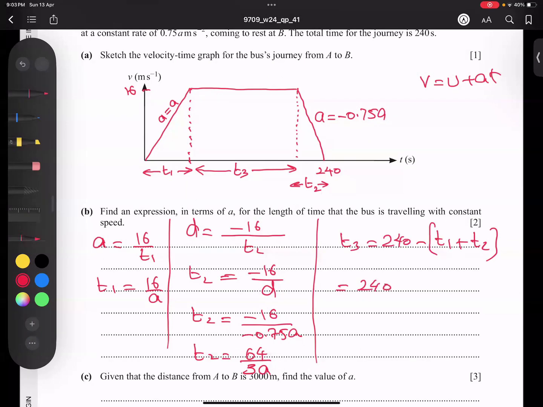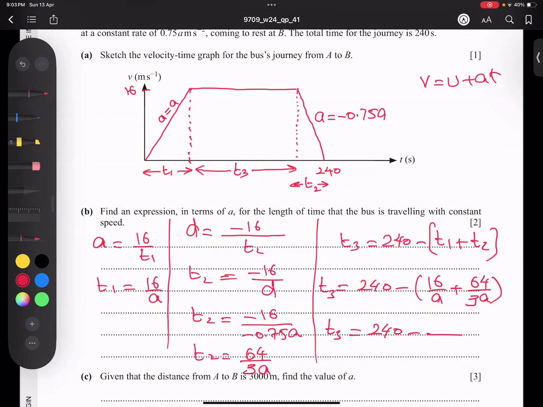And 240 minus T1, which is 16 over A, plus 64 over 3A. I believe the concept is very clear, and this is what he was asking us. So we have done it, and we can take the LCM to make it easy. And 240 as it is, and 3A is the LCM. So I'm writing 3A, and wait a minute.